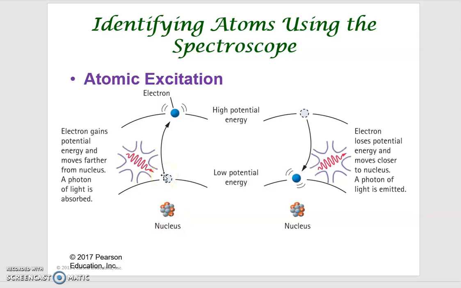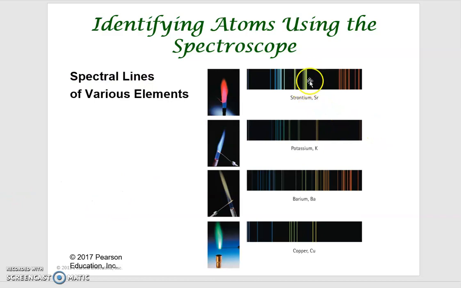When the electron jumps to a higher energy orbit, later on it will jump back to the lower energy level because it is unstable there. When the electron jumps back, it will release energy, and this energy will be released in terms of light, which is radiation, which is the EM wave, depending on which term you are familiar with. For every single jump-back movement, they will produce a line here.